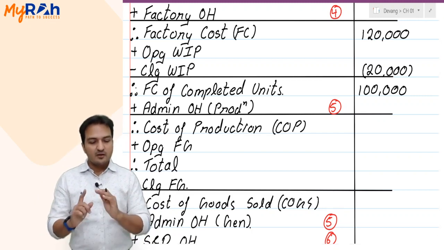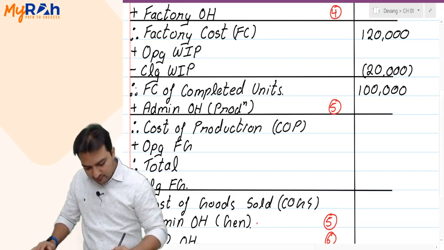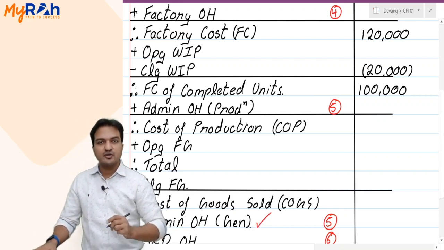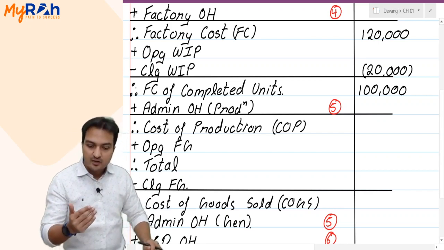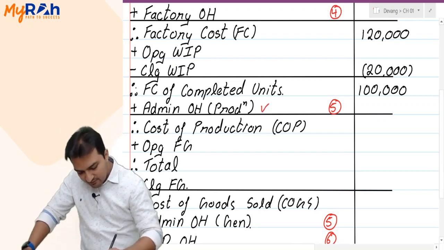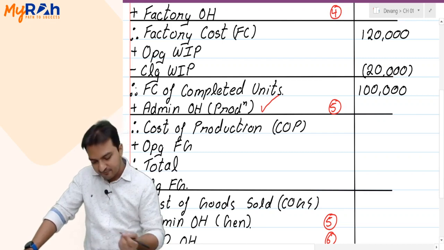I repeat, if nothing is mentioned for admin overheads, you consider it general admin. But if they have specifically mentioned that admin overheads are incurred on production units, based on completed units, then you put that admin overheads over here. Both types of admin overheads examples might be there.